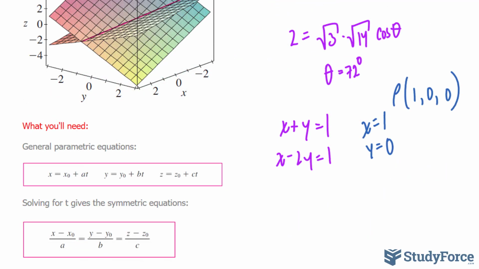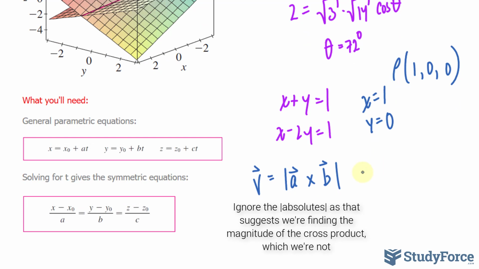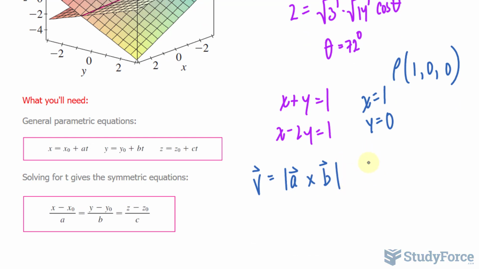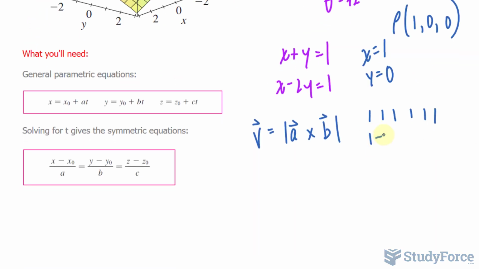Let me show you. So I'm going to call this vector v, the direction vector for the line, and that is equal to the cross product of A and B. Remember, A was 1, 1, and 1, and to find the cross product of two vectors, the trick is you write it out twice, so 1, 1, and 1, write it out again, 1, 1, and 1. The other vector B was defined as 1, -2, and 3, written out twice.